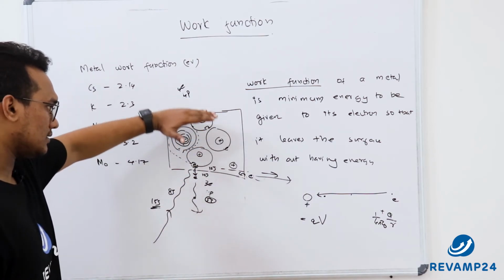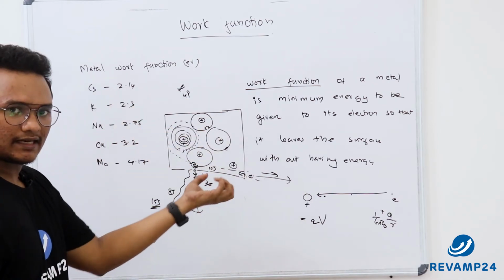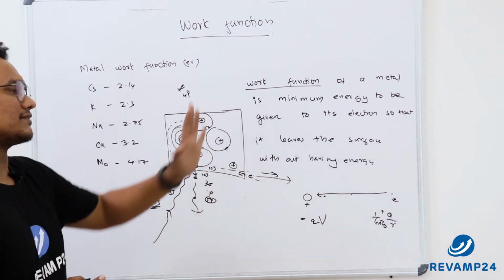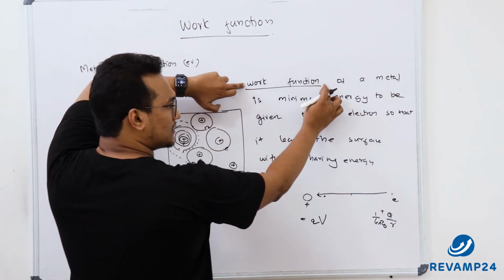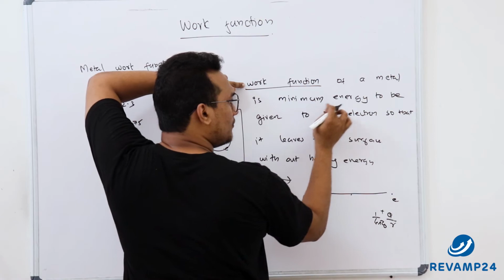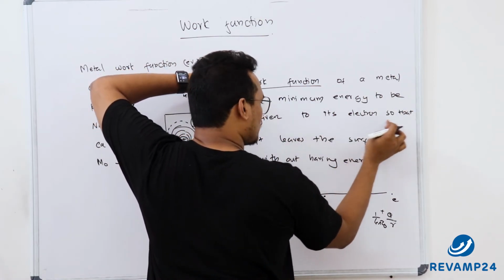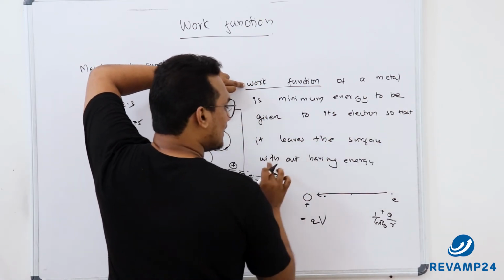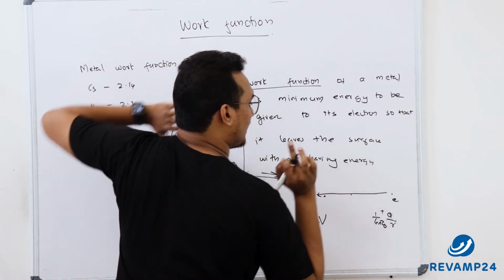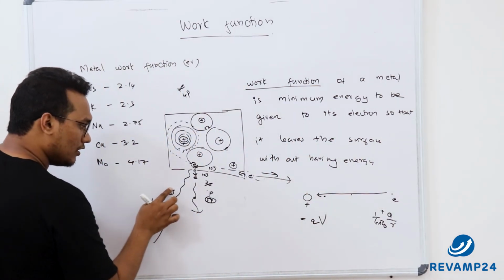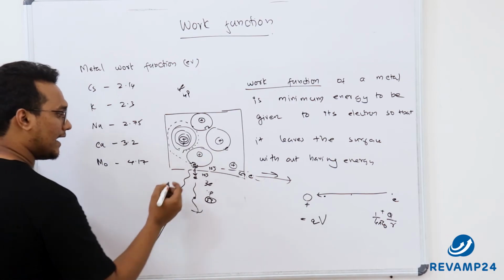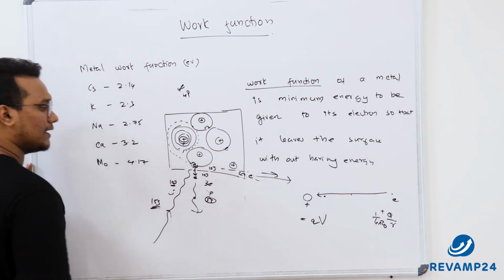All these things I will explain in detail in coming lectures, but as of now you can understand one thing, that the work function of a metal is the minimum energy to be given to its electron so that it leaves the surface. Now 15 joule will also take an electron outside, and 10 joule can also take an electron outside.